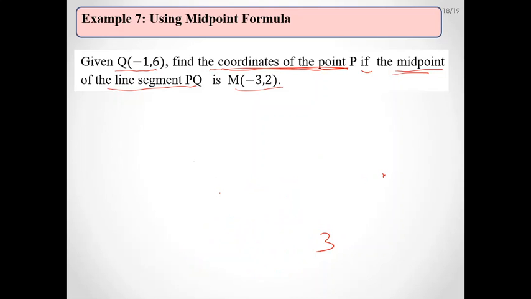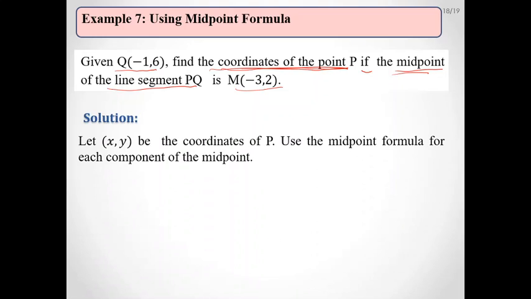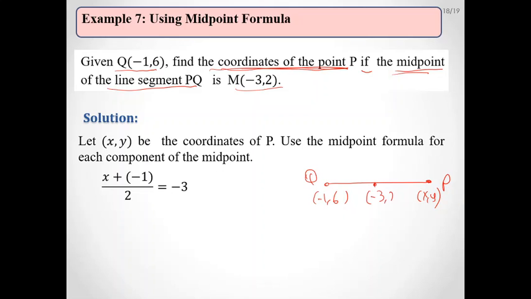Let's see how it is written in the slide. It says, let X, Y be the coordinates of P. This is the situation now, Q(-1, 6), and P we don't know, but its coordinates are X and Y. And the midpoint is (-3, 2).